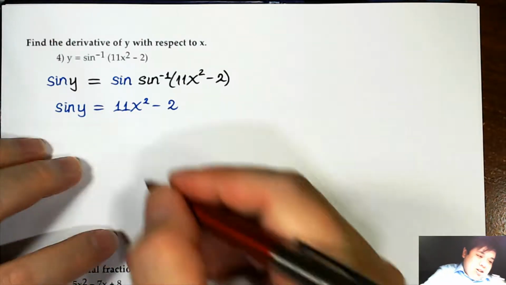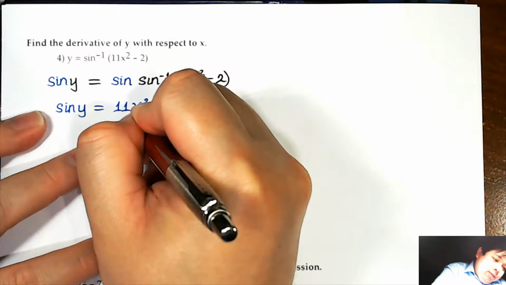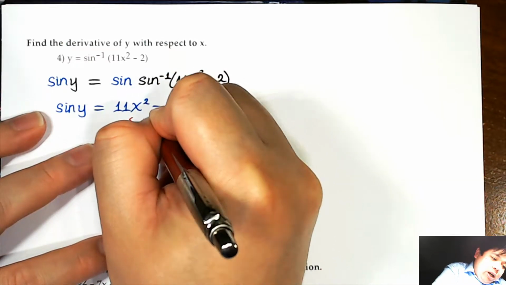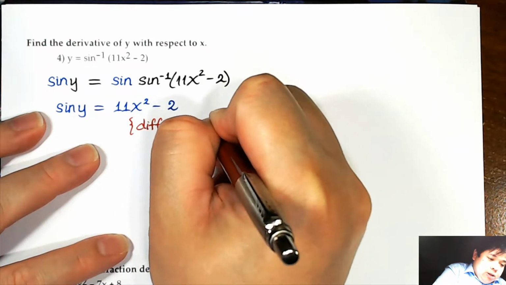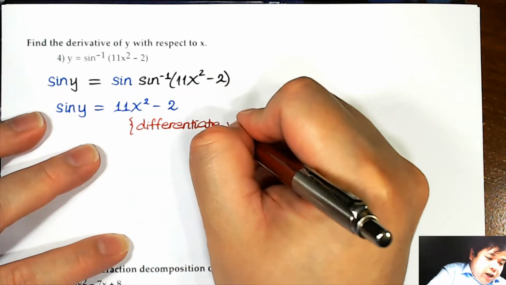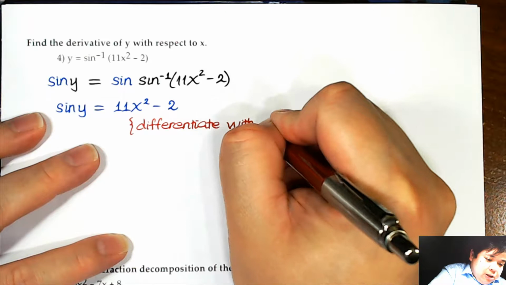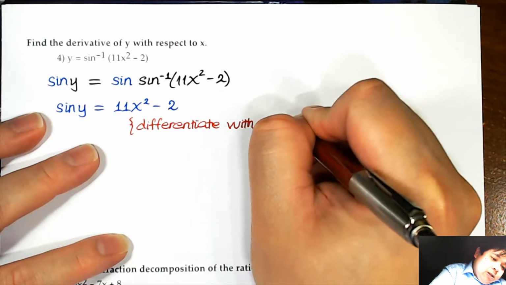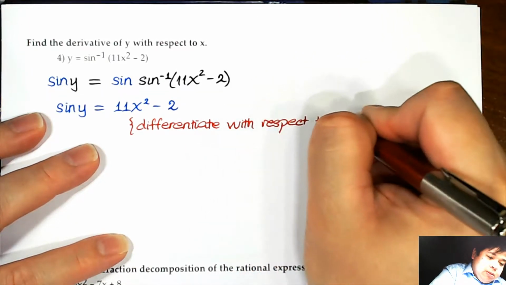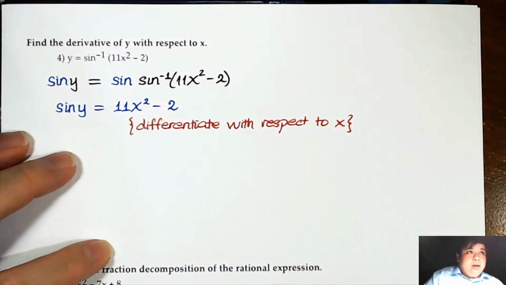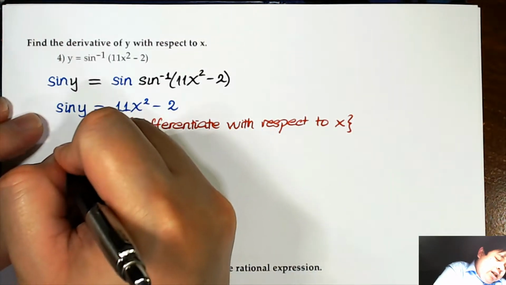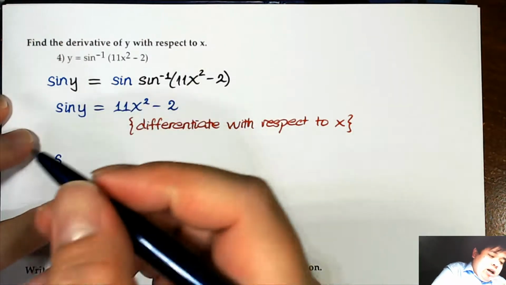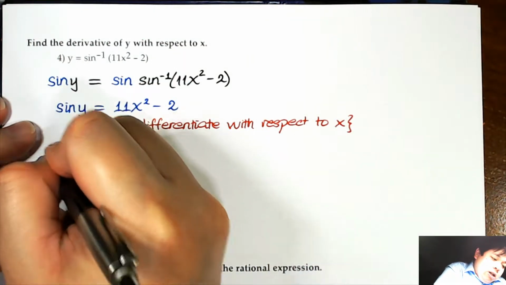Let's just write out. So we differentiate with respect to x. Derivative of sine y is going to be, derivative of sine is cosine.